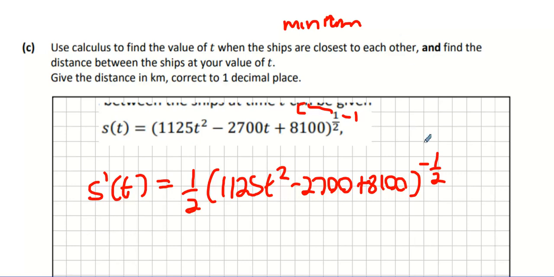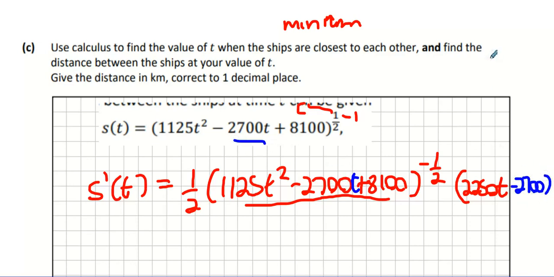Now the next thing we've got to figure out is we have to differentiate what's in the bracket, which is going to be t squared. So 2 multiplied by 1,125 is 2,250 t. And then that has a t there as well, doesn't it? I forgot the t on the 2,700. So just minus 2,700. Now, for a turning point like a minimum, the first derivative equals 0.